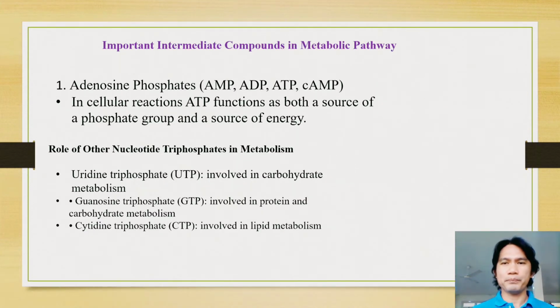In metabolism, either catabolic or anabolic, these are the important intermediates that are involved. Okay, so we have first the adenosine phosphates. Adenosine phosphate comes in various forms depending on the number of phosphates, such as adenosine monophosphate or AMP, diphosphate, triphosphate, and there's also another form called cyclic adenosine monophosphate.